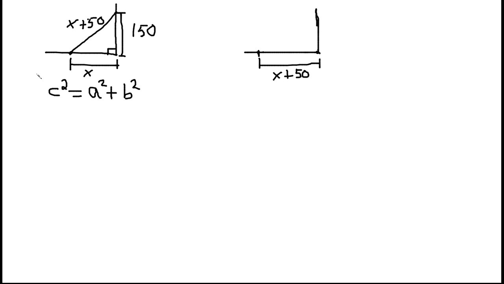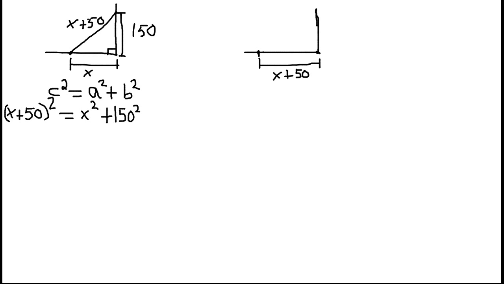So c is the hypotenuse, so it is x plus 50, all that raised to the power of 2, is equal to a, which is this length, x squared, plus b, which is that side of the triangle, 150 squared.